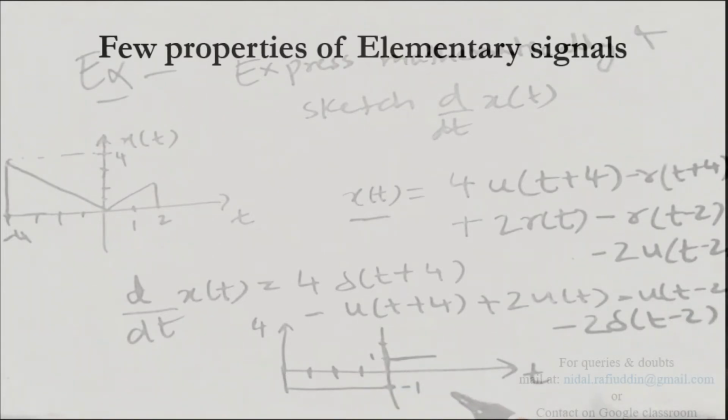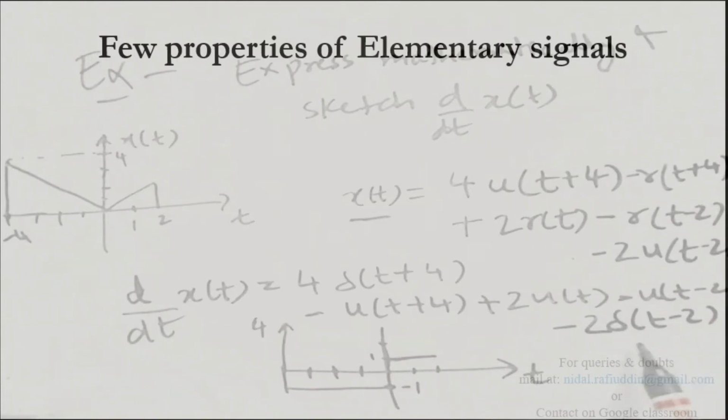And then beyond t equal to 2, these two expressions come into the picture, because before t equal to 2, these two expressions will be 0. So beyond t equal to 2, we have -u(t-2), which has a magnitude of -1 and starts at t equal to 2, and the next is -2 delta(t-2), which exists at t equal to 2.